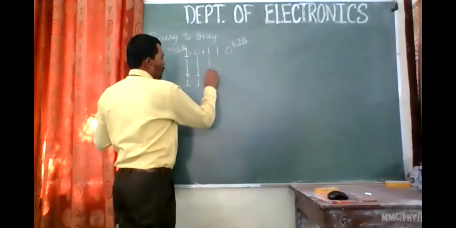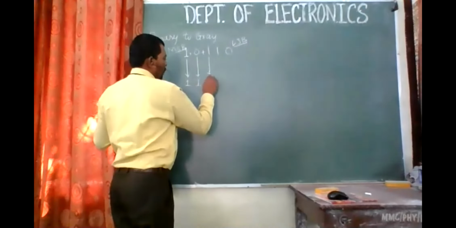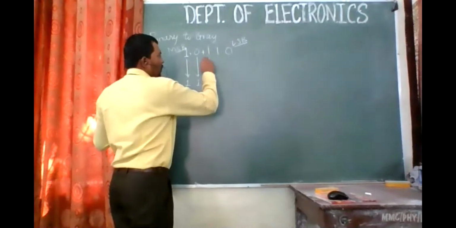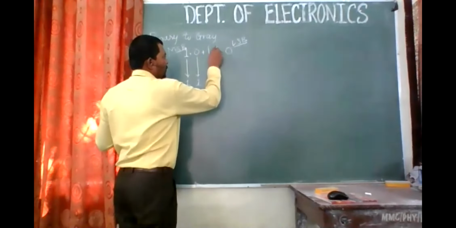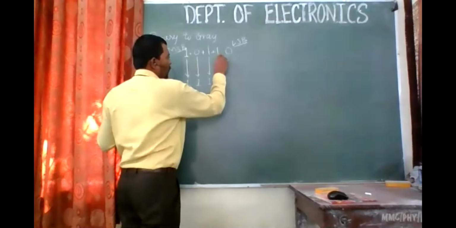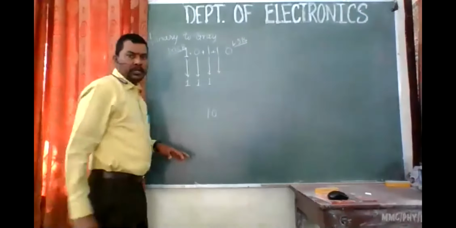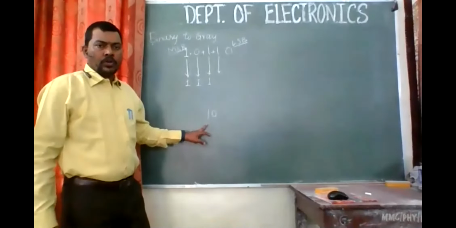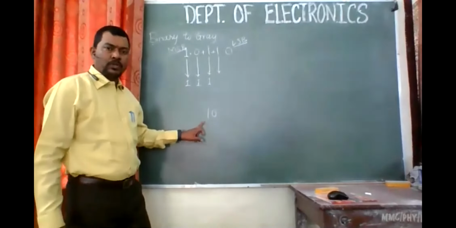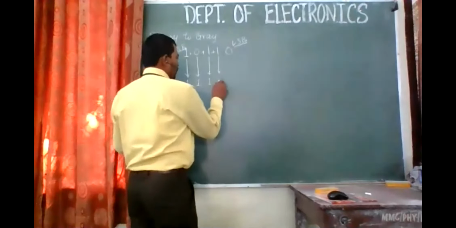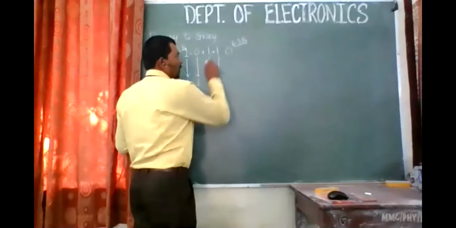So 0 plus 1, we'll get again a 1. Now in the next step, the third bit plus the fourth bit. So 1 plus 1 will give you 10, so we have to take 0 and neglect the carry. So I'll be writing only 0 over here.